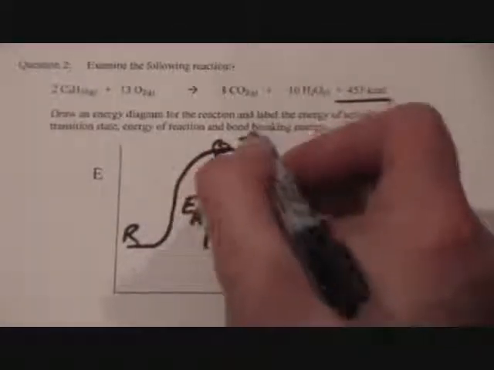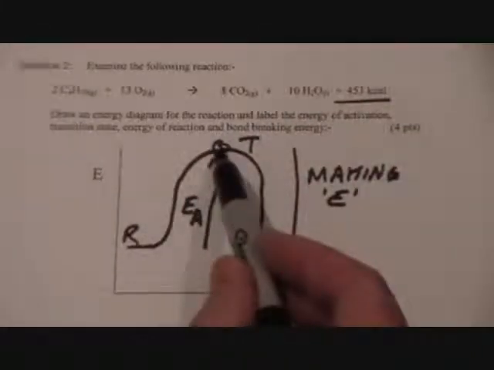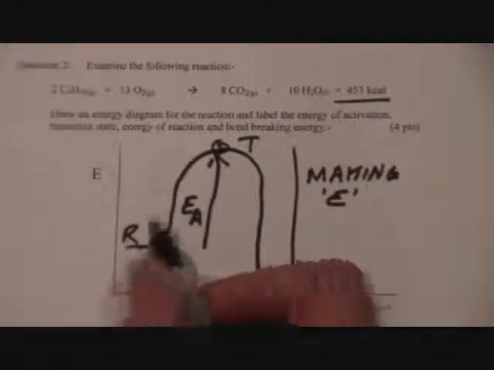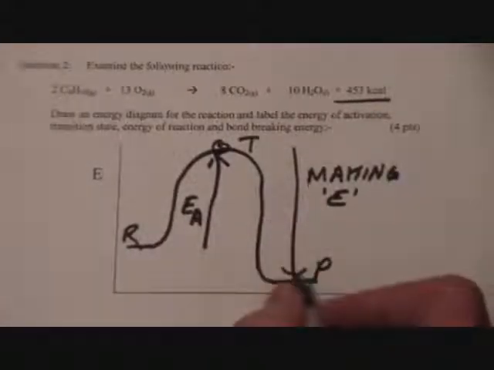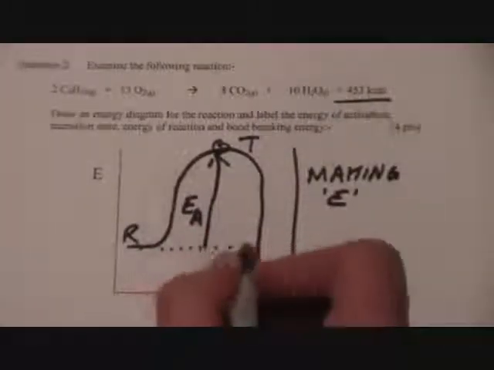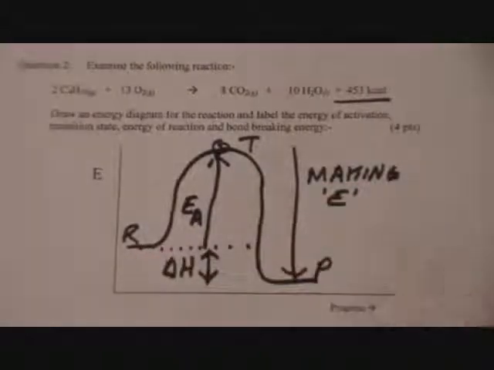Right at the peak of the graph is our transition state. That transition state, the imagined point of chemical collisions, when chemical bonds are breaking and new chemical bonds are forming. And the difference between the energy going in for the reactants and the energy for the final products, carbon dioxide and water, that difference in energy is the enthalpy of the reaction, delta H, sometimes known as our heat of the reaction.